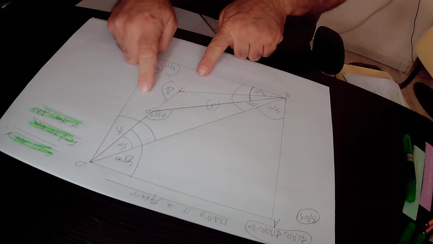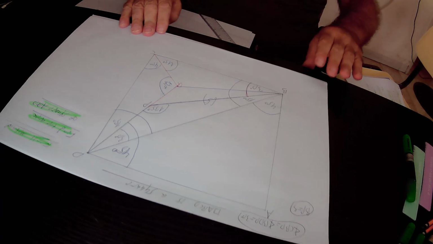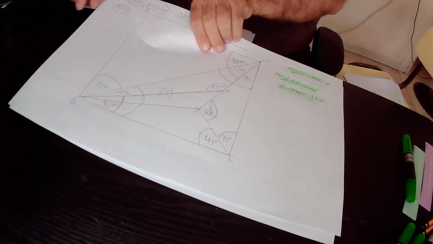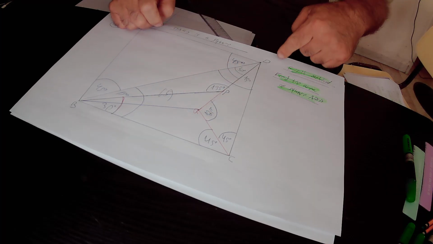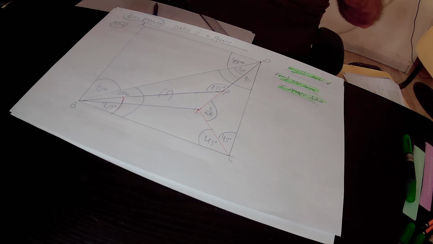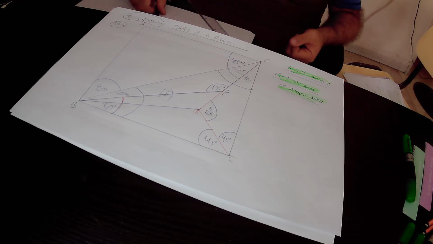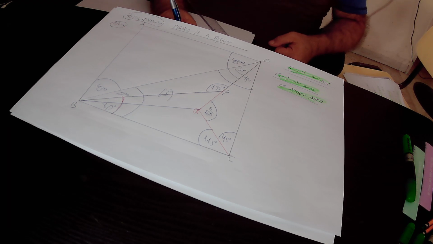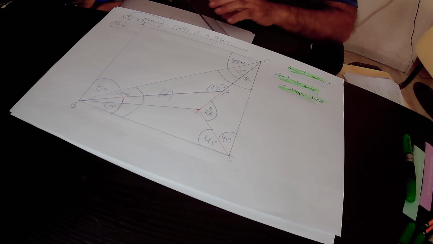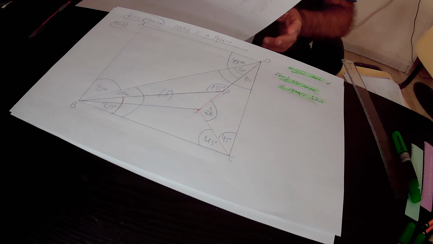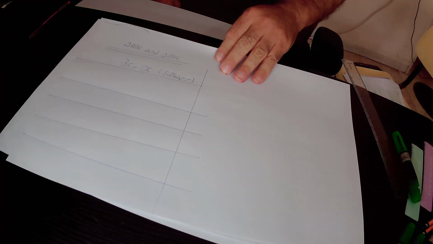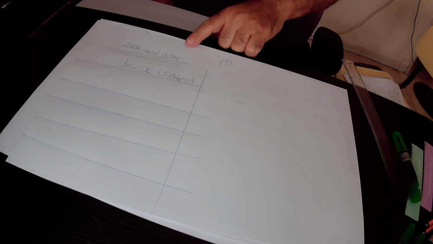While those two triangles can go into each other, first of all, side BC of triangle QBC is equal to side DC of triangle DQC.